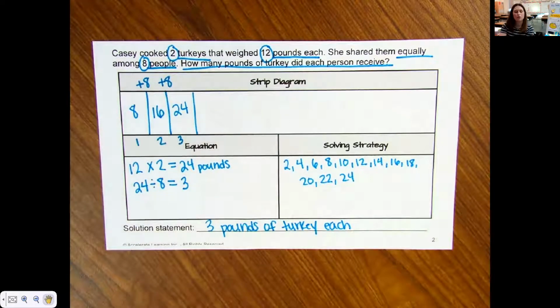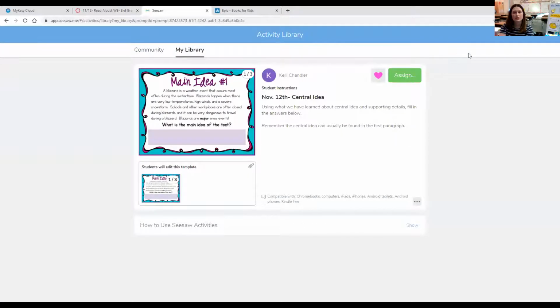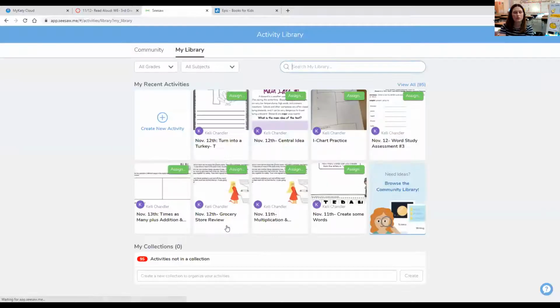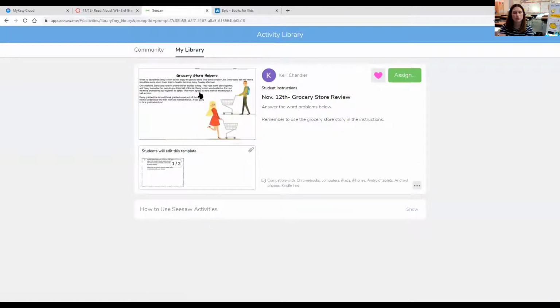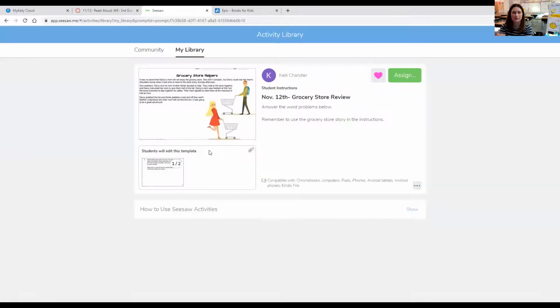All right, so for your independent practice for math, you are going to use that same grocery store story, so make sure you read the story again before you answer the questions, okay? Read the story again, it's a hint.